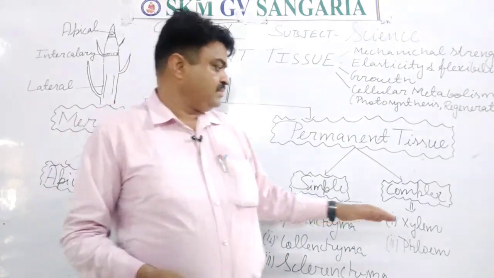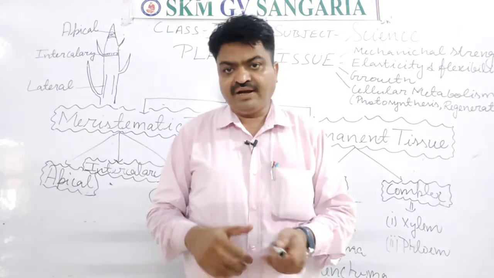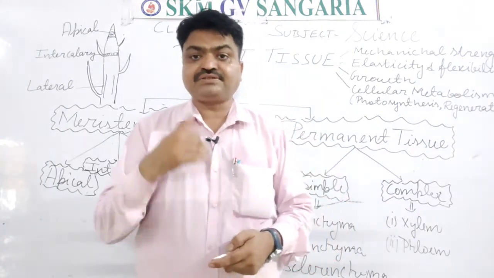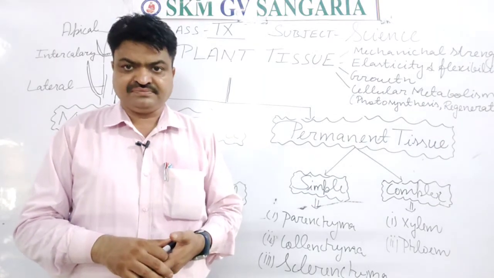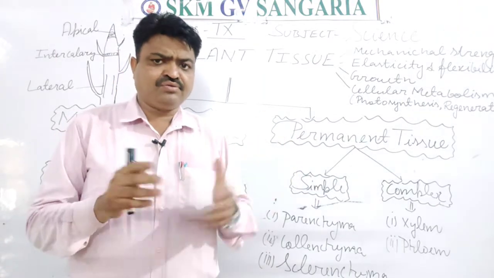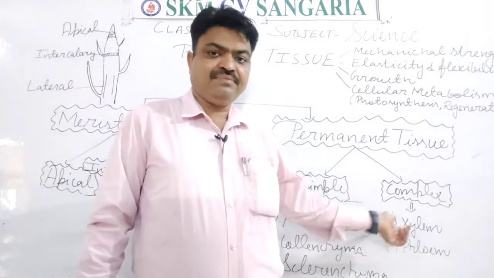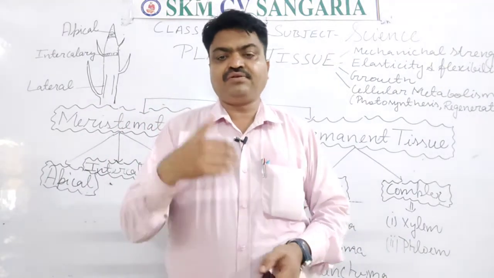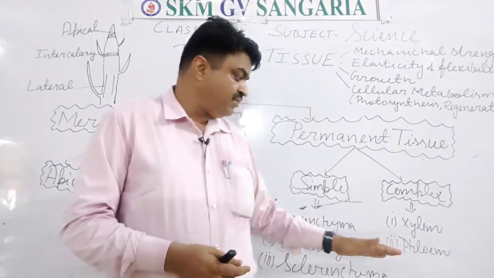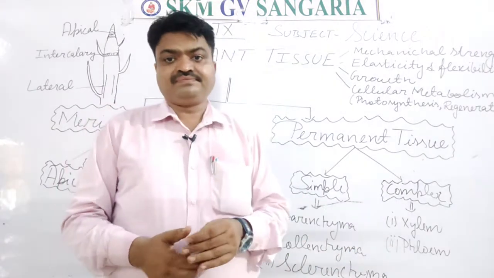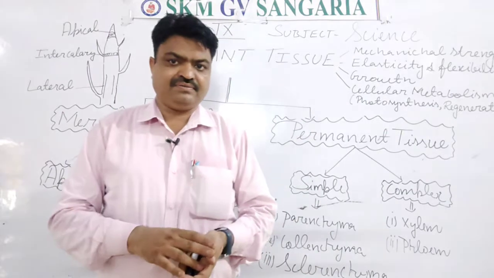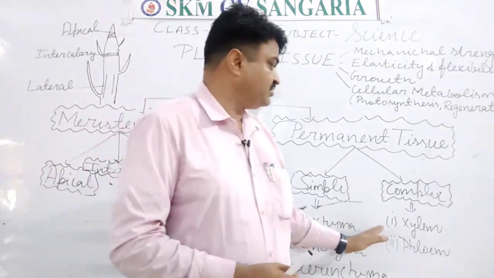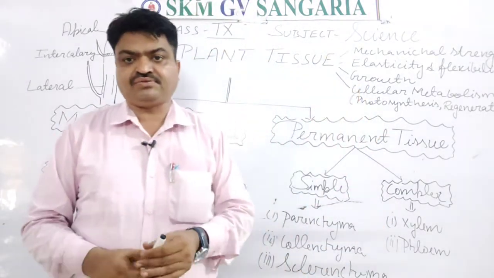It is complex permanent tissue, and this tissue works as a vascular tissue, student, because this tissue has the vascular bundles. And it has two tissues: the xylem helps the plant in the conduction of water and mineral, and phloem helps the plants in the transfer of food from one part to another. So it is about the function of the plant tissue, student.